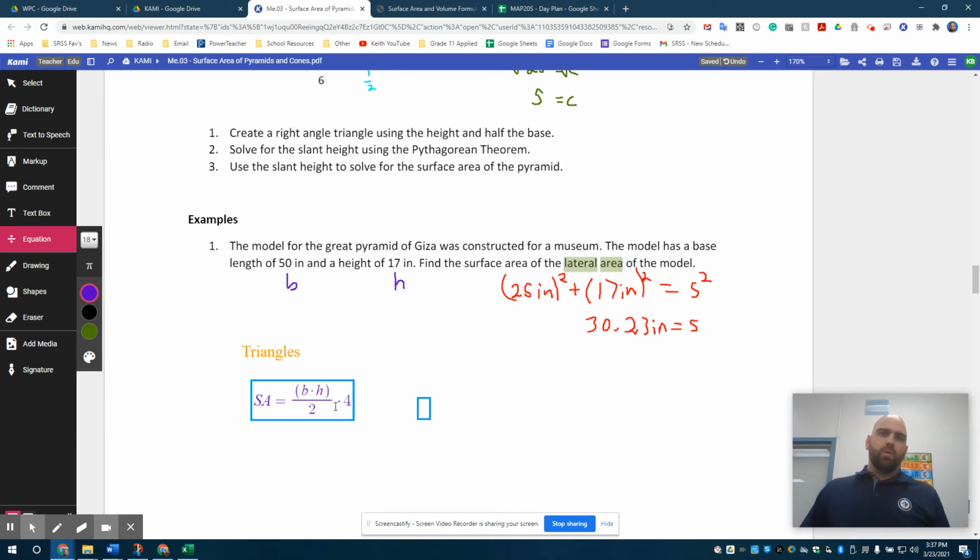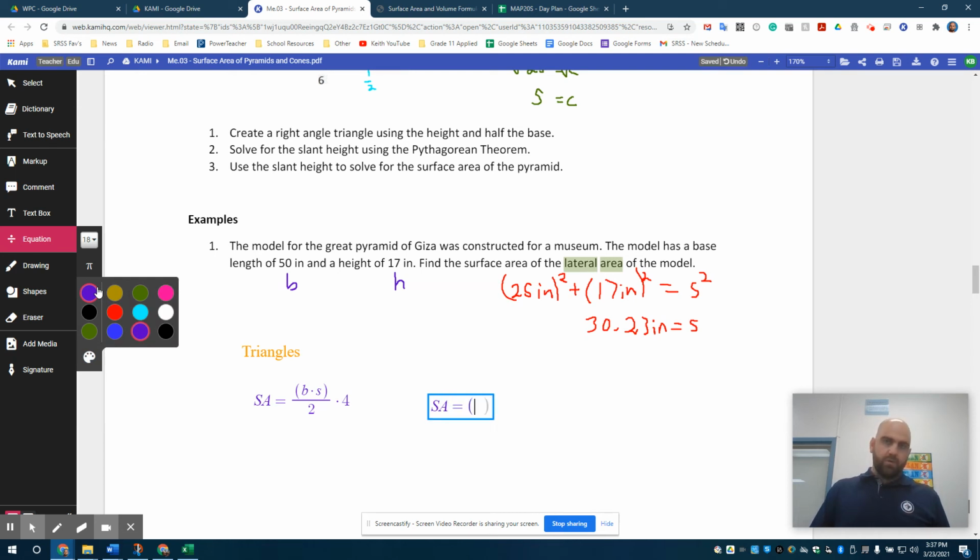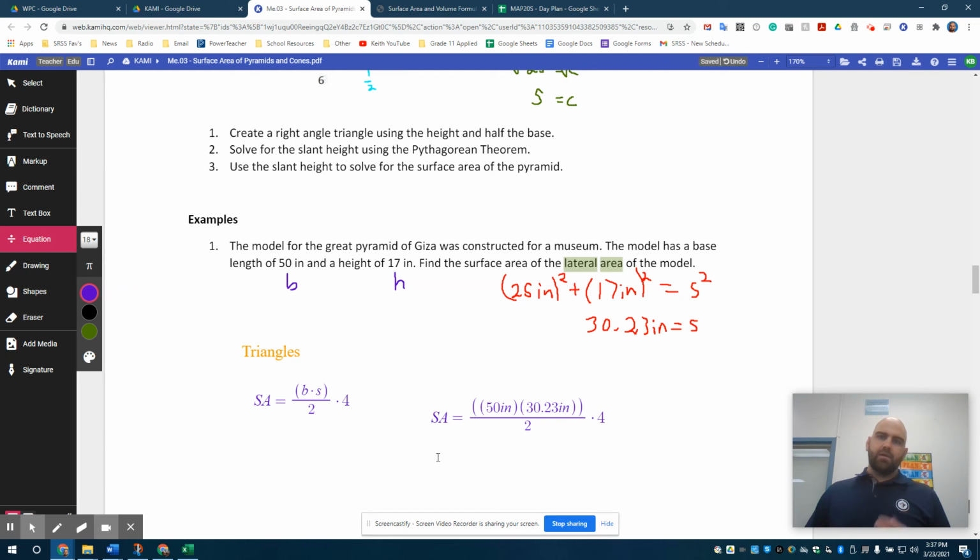Sorry, I'm going to make this into S. There's our slant height. So to solve, surface area is equal to the base, which is 50 inches, times the slant height, which we said was 30.23 inches, divided by 2, and then times 4, because again, we have 4 triangles that we need to solve.